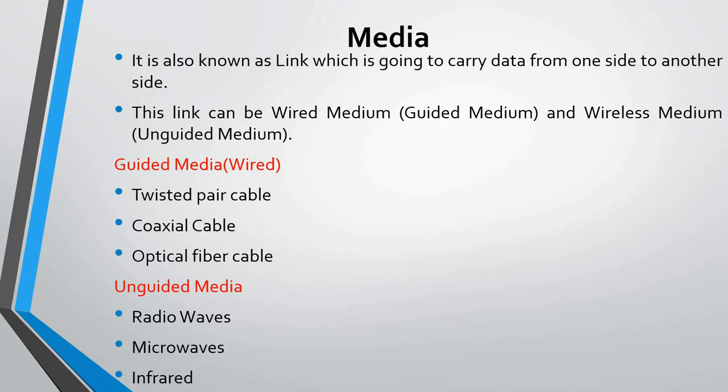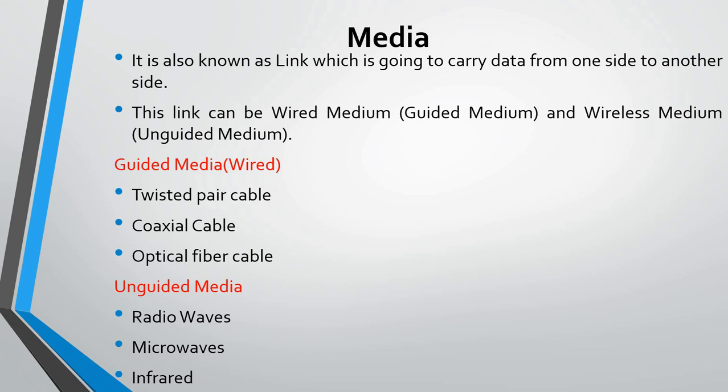The second guided media is coaxial cable. This coaxial cable is a single copper conductor in the center with shielding to block interference. Example like cable TV and broadband internet. The third guided media is optical fiber cable.